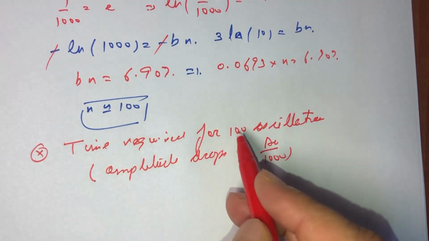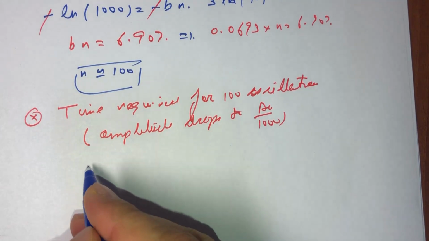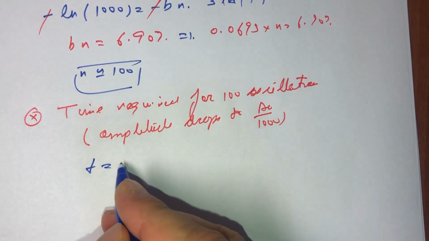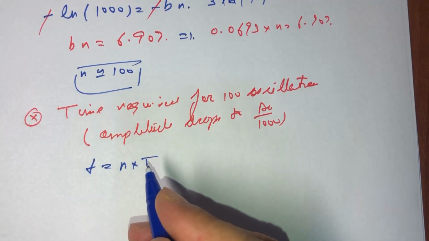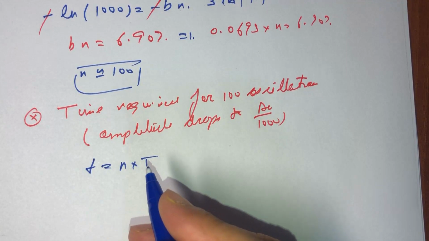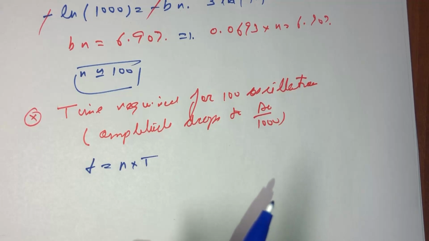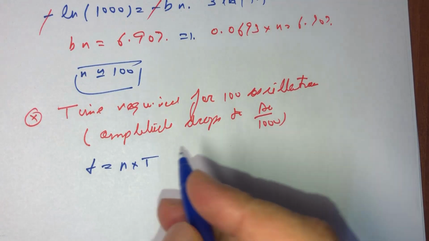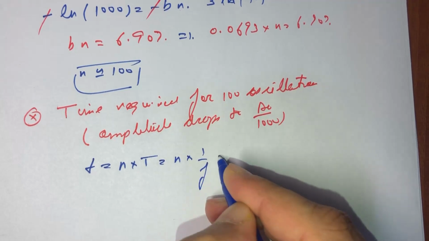So therefore the time required for 100 oscillations, let us suppose that is given as small t, and small t will be equal to n multiplied by capital T, and here capital T is equal to 1 upon f.